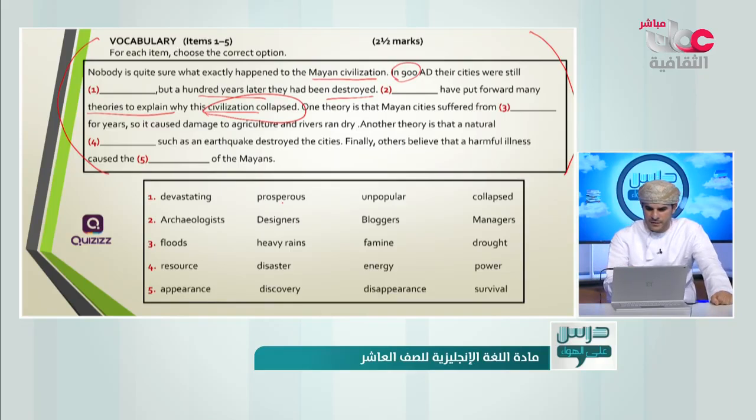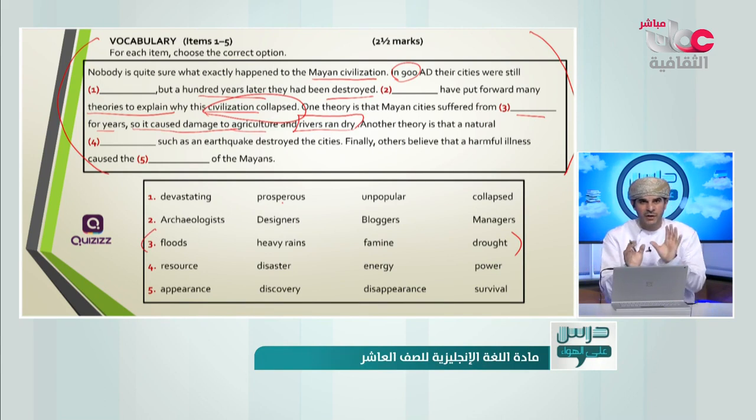One theory is that Mayan cities suffered from what? For years. So it caused damage to agriculture, and rivers ran dry. When there is no water, it means what? Which one? Really easy, but you just have to read between the words. Another theory is that a natural what? Such as earthquake.